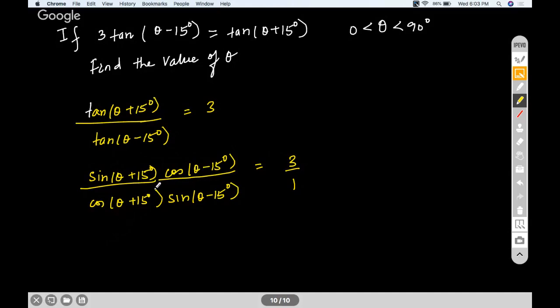Right. So now we can do one thing. We can apply componendo and dividendo over here.